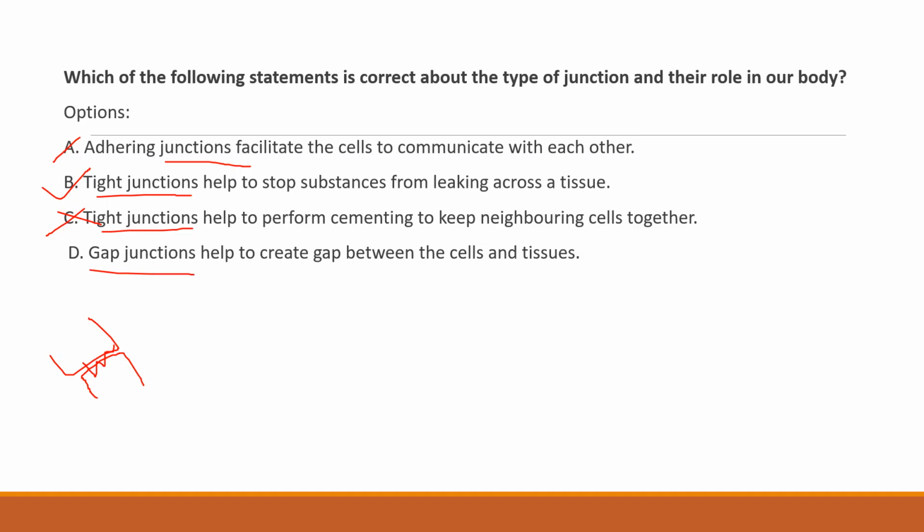Then gap junction helps to create gap between the cell and tissue. Now this is wrong. What is the function of gap junction? It helps to facilitate communication between the neighboring cells, that is for transfer of ions, small molecules, etc. So gap junction helps to communicate between the cells.